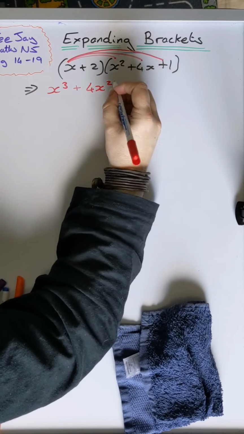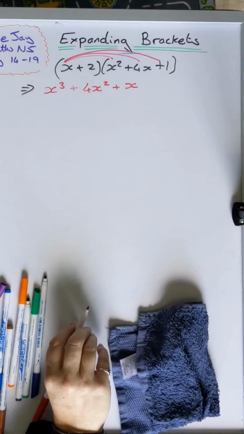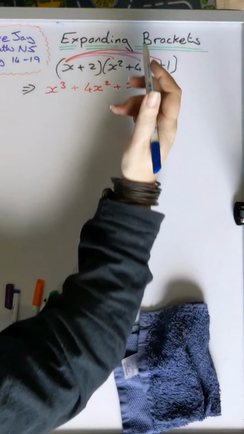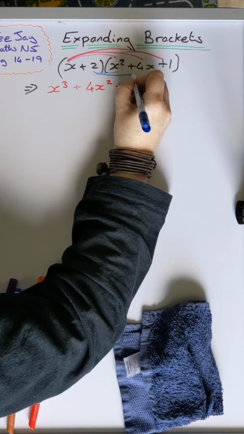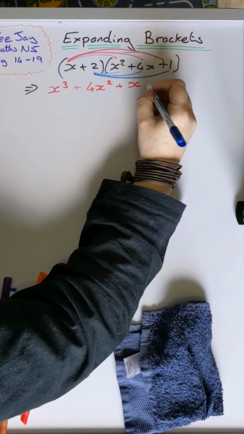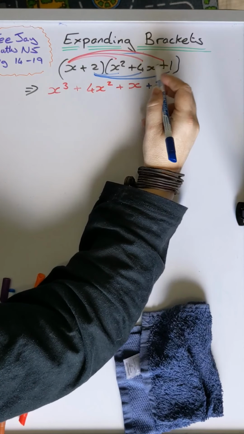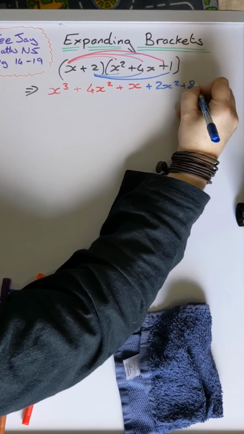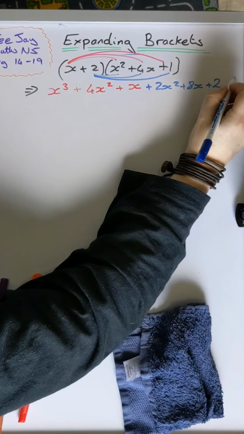And x times 1, we get 1x. And then we rainbow out our other one. So we get 2 times x squared, so 2x squared. 2 times 4x, that's 8x, and 2 times 1, so that's 2.